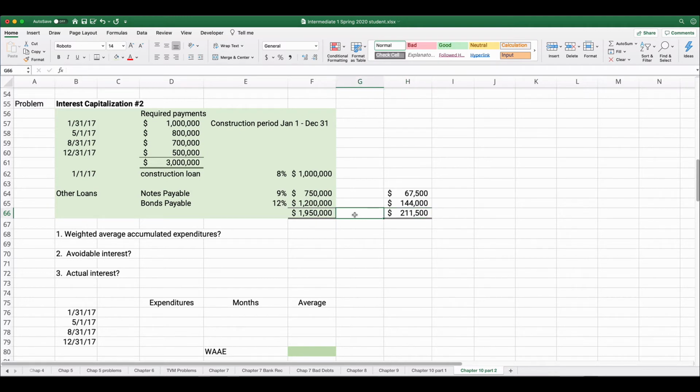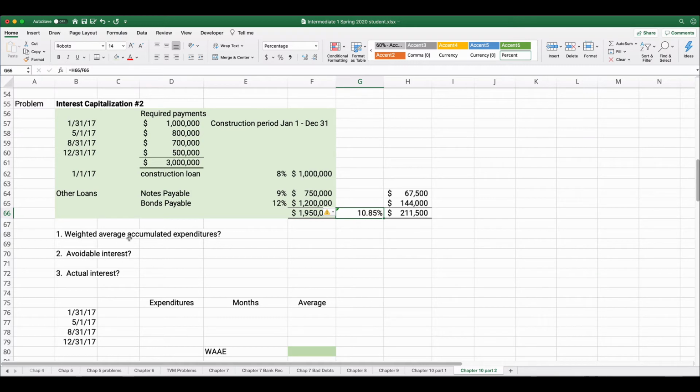Well, what kind of interest rate is that? That is 211 divided by 1.95 million. So it's going to be in between the 9 and the 12. It's going to be weighted more toward the 12 because it's 1.2 million rather than 750,000. So this is not a simple average. This is a weighted average. And we'll calculate this to be something like 10.85%.